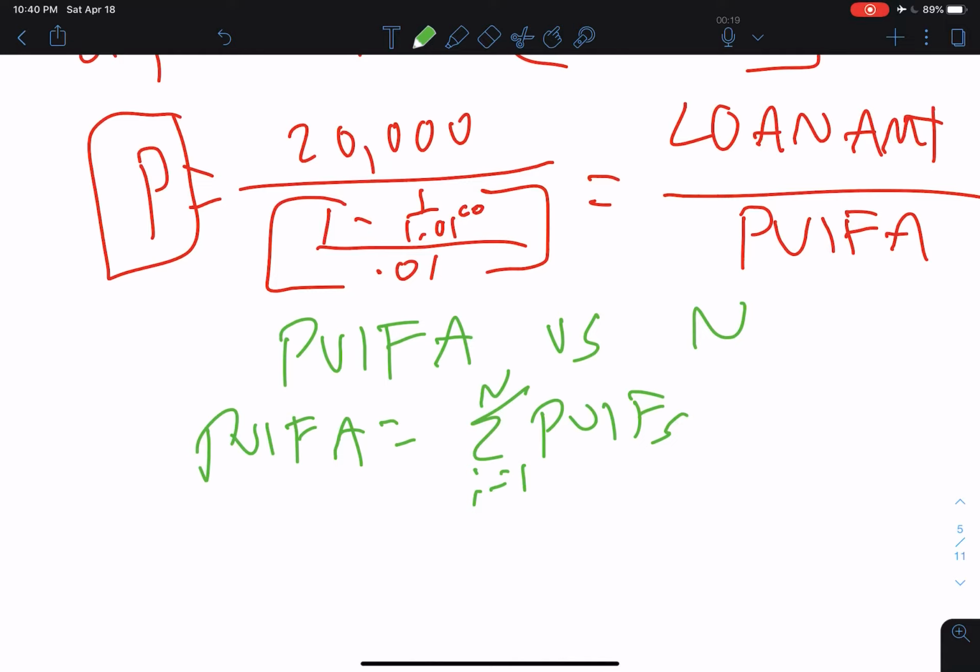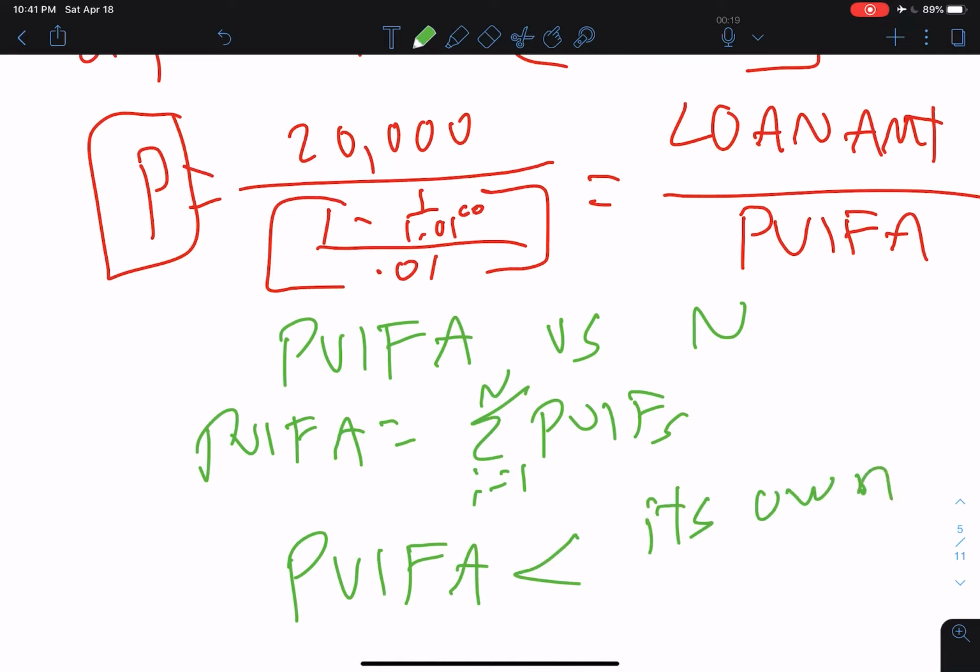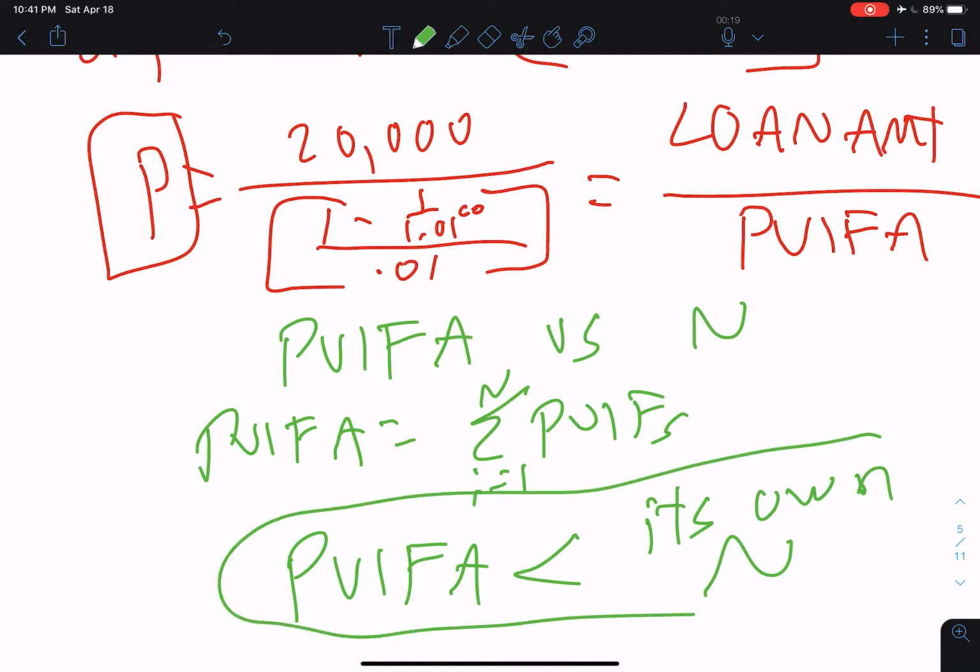Each one's less than 1. Well, it's obvious that N times numbers less than 1 have to be less than N, right? So a PVIFA will always be lower than its own N. Keep that in mind. A PVIFA is always less than its own N.